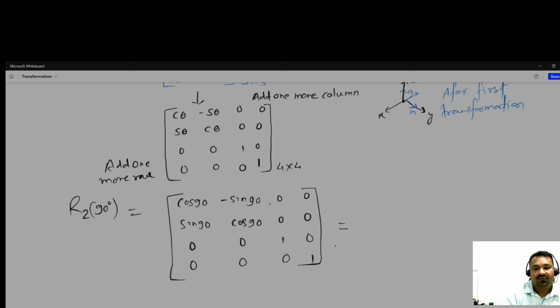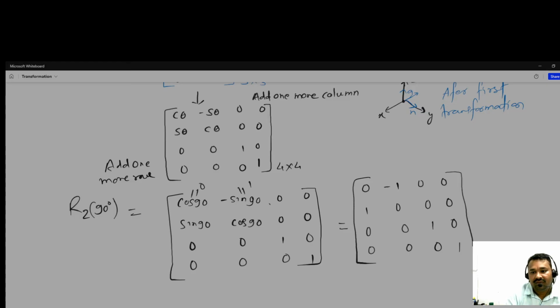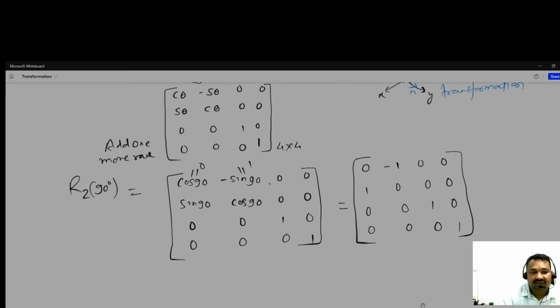Cos 90 is equal to 0, and sin 90 is equal to 1. So it becomes 0, minus 1, 0, 0, 1, 0, 0, 0, 0, 0, 1, 0, 0, 0, 0, 1. This is the first transformation.